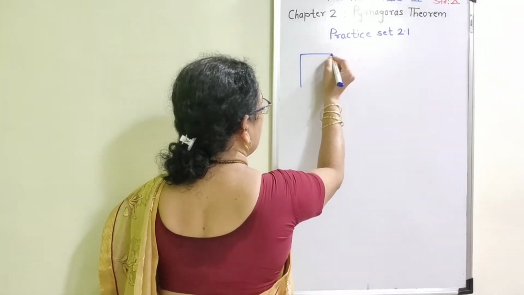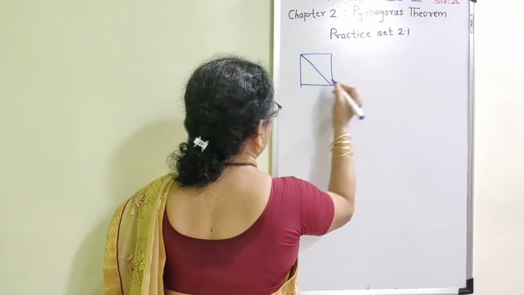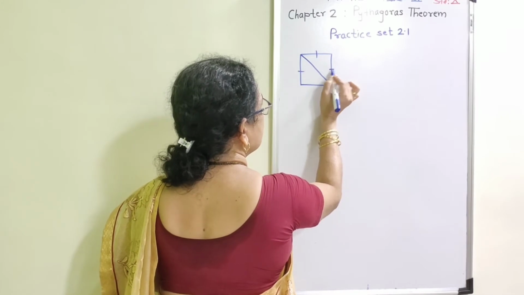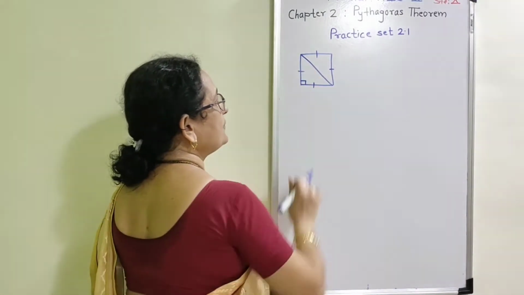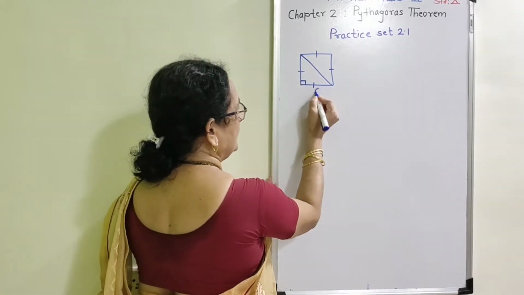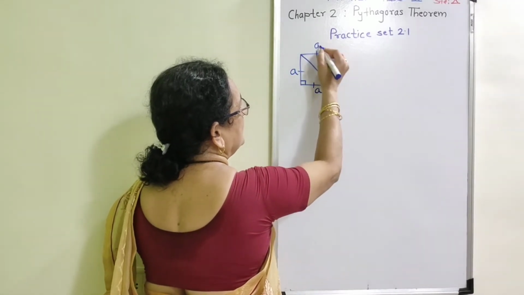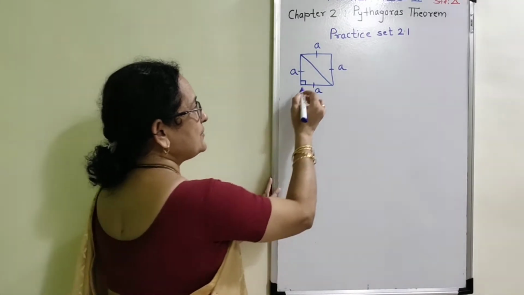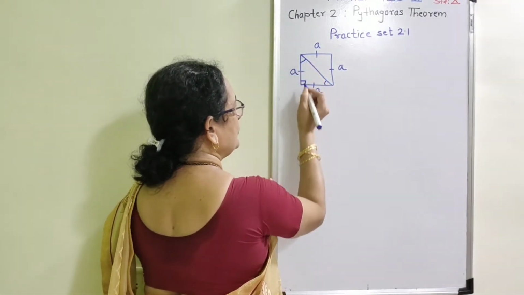Take a figure of a square. When I take a quadrilateral square, we know that all the four sides are congruent to each other and each angle is of 90 degree. I need only one angle, that's why I have taken one. Suppose A is the side of that square. Is that clear? Now I am going to find out with the application of 45, 45, 90.